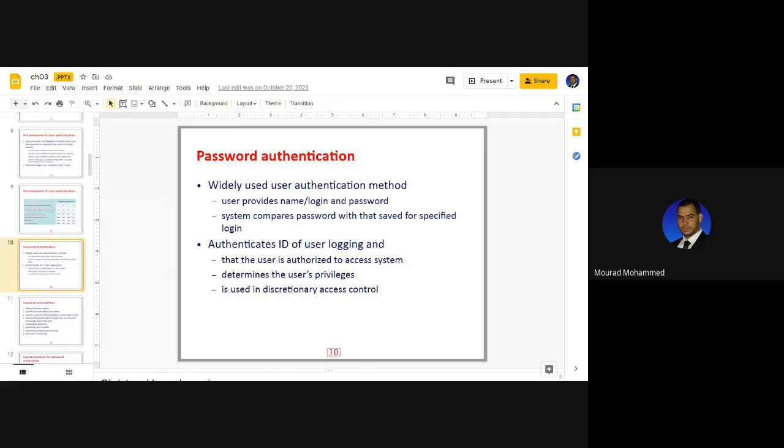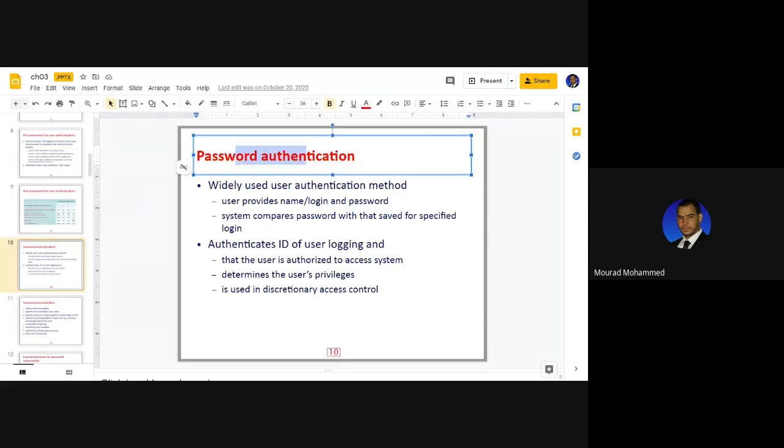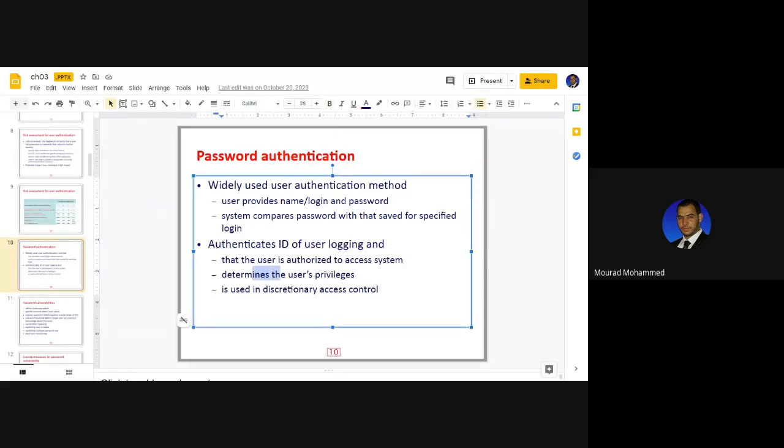The username and password clearly identify the privileges to be given to an individual.